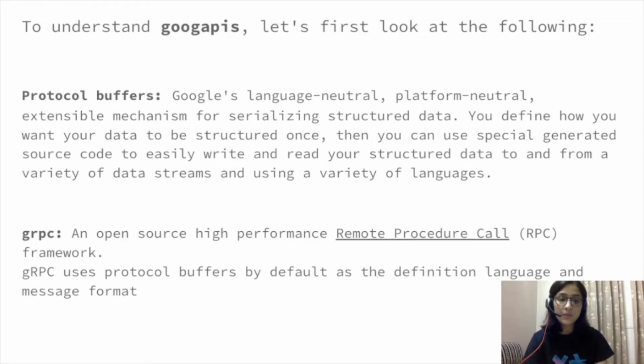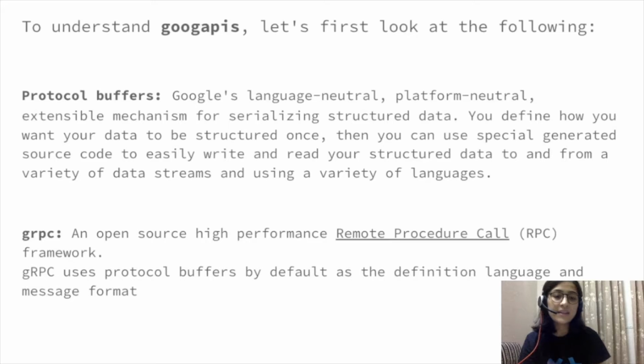So when you run the protocol buffer compiler on a .proto file, the compiler generates the code in your chosen language. Currently we do not have Rust as one of the supported languages by Google for code generation from protocol buffers.